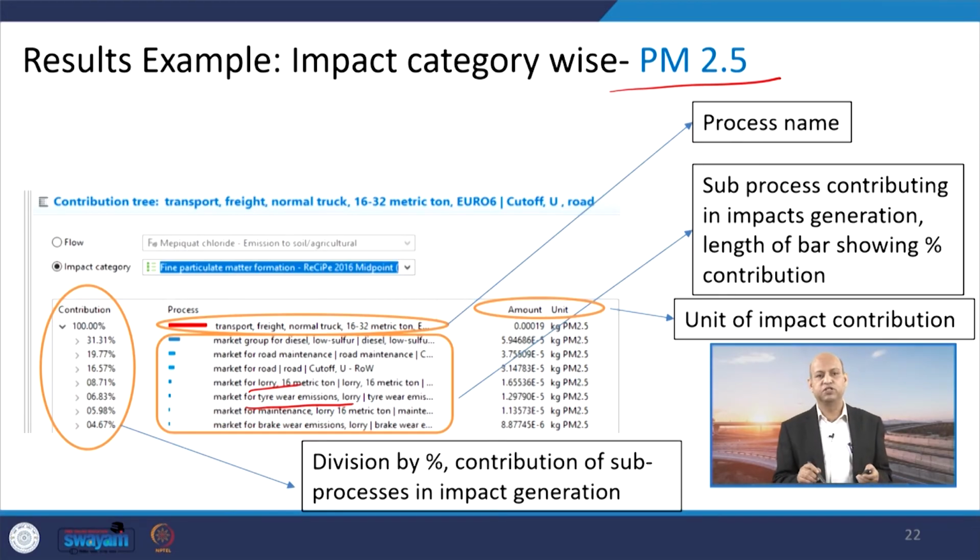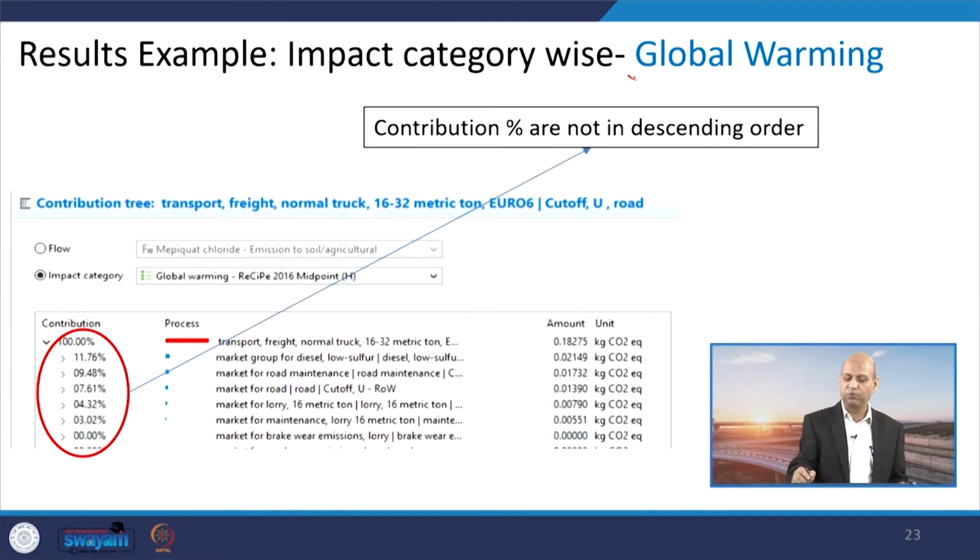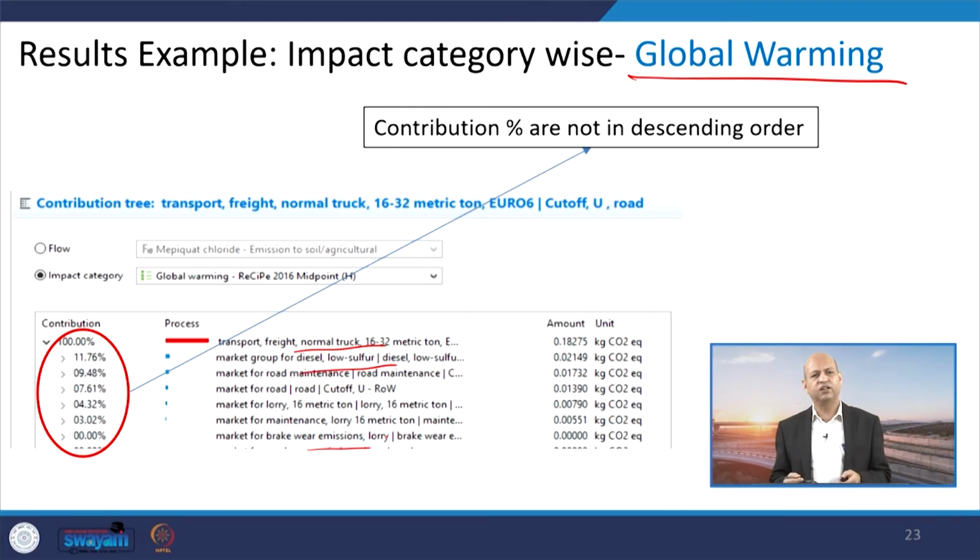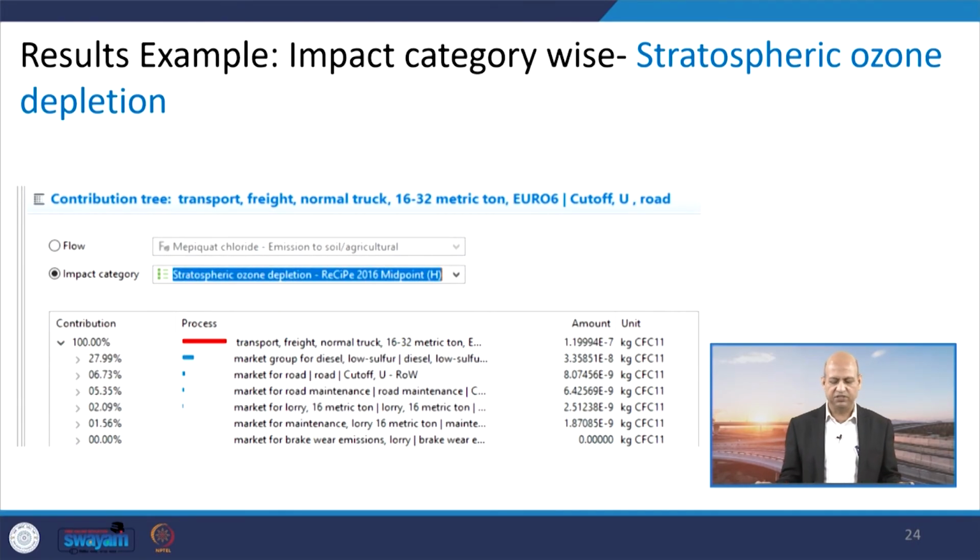We have to see which kind of activities produce how much emissions of PM 2.5. Similarly, from a global warming perspective, we have to see how much contribution is coming from different activities like normal truck, low sulfur diesel, then the brake wear emissions. Similarly, stratospheric ozone depletion.